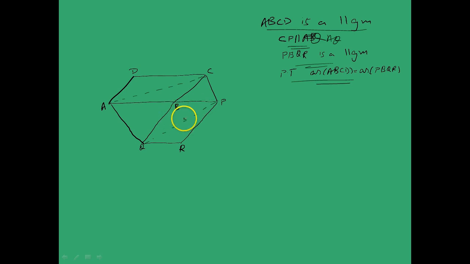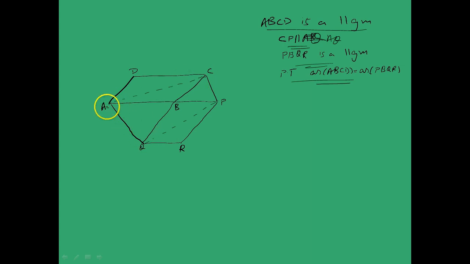And what comes to our rescue is the fact that AQ and CP are parallel. CP is parallel to AQ. And so let's consider triangle ACQ and APQ.